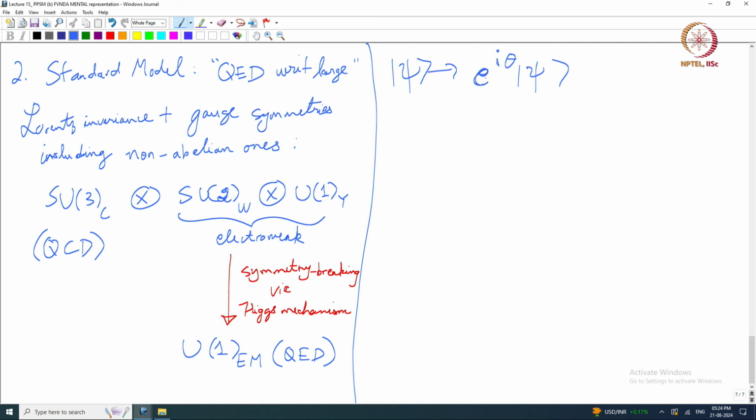So, what is the Noether charge of this? This would be some charge, correct, some global charge. This is how we get baryon number and lepton number. Now, I just said the word, in this case this would be a global symmetry, okay.